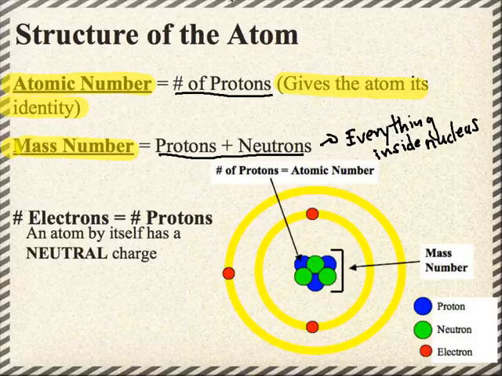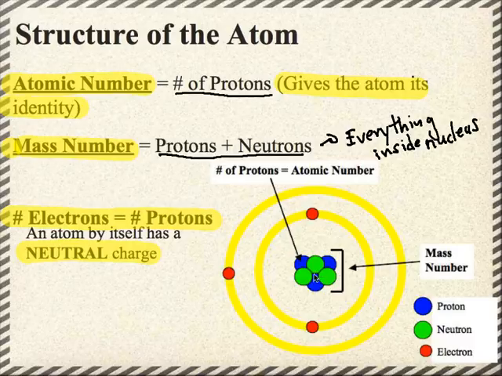And then the last thing is, if I draw an atom correctly, I should draw it where the number of electrons equals the number of protons, which means an atom by itself is neutrally charged. How do I get that? It's because neutral just means that the number of positive things equals the number of negative things. So if I'm thinking about math, I get a 0, right?